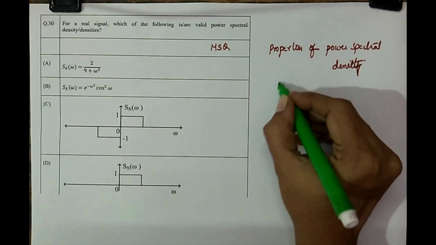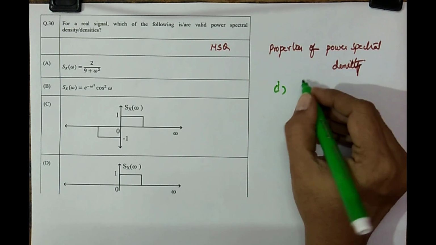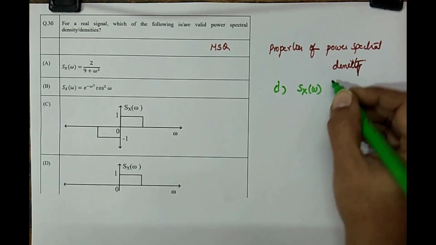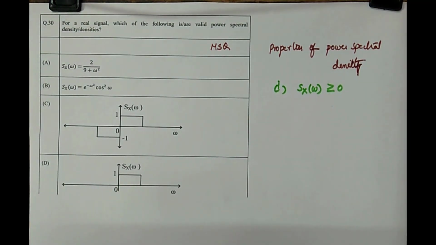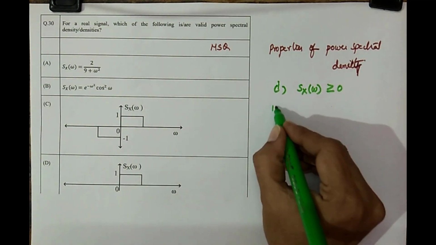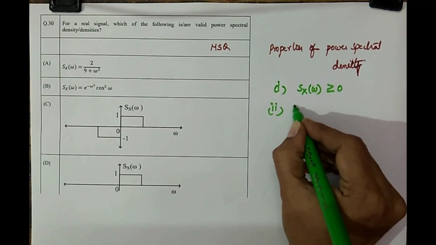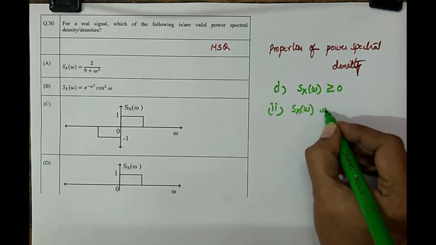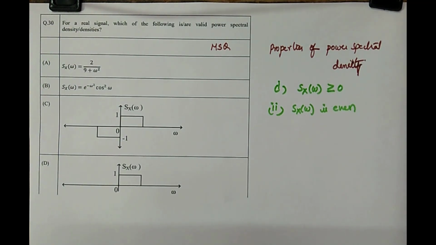The first one is the power spectral density Sx of omega must be greater than or equal to 0. That is the first property. And the second property, the power spectral density Sx of omega is even. These are the two main properties of power spectral density.